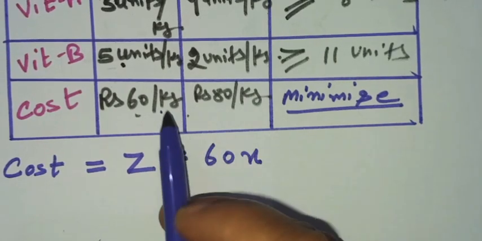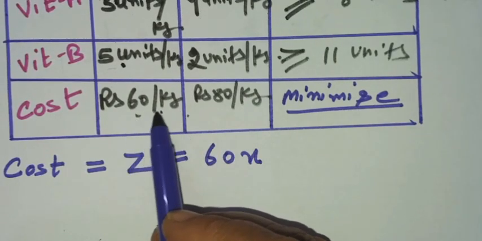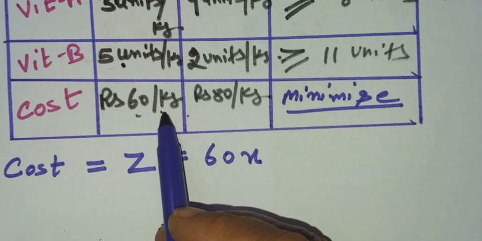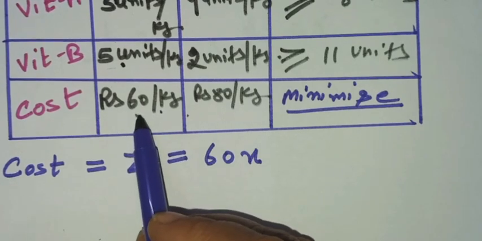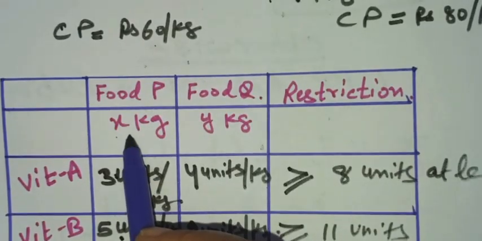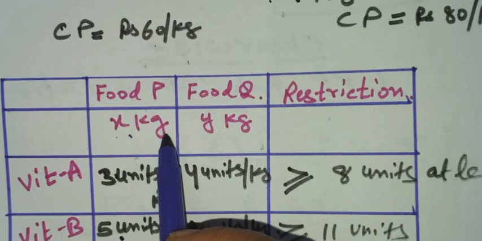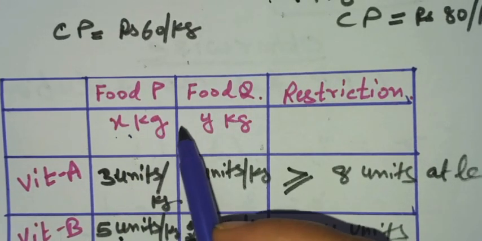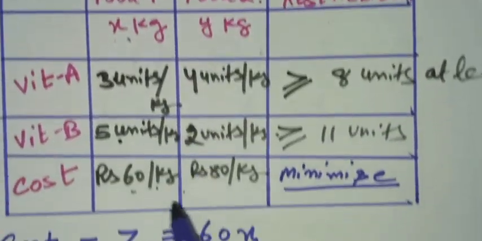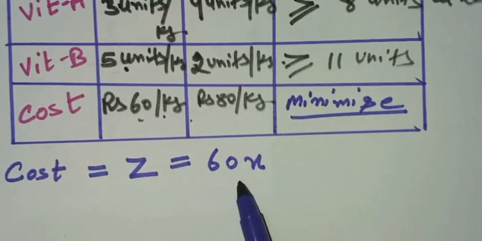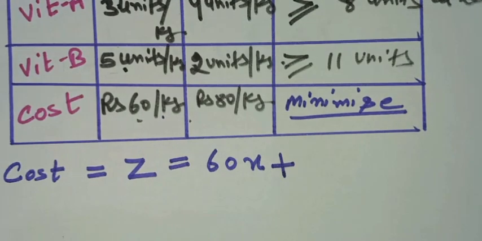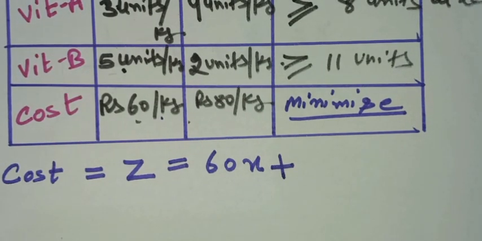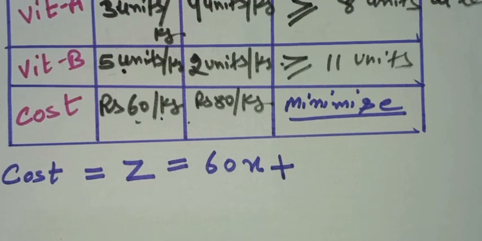I think it is very clear: if the cost of 1 kilogram of food P is rupees 60, but we are taking x kilograms, the total cost of food P that we are going to mix is 60x. But the cost function will not be complete unless we add the cost of food Q.